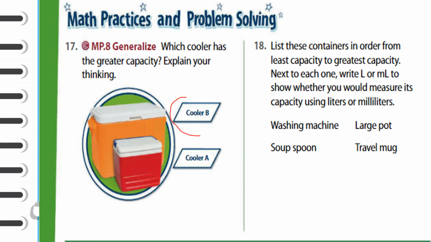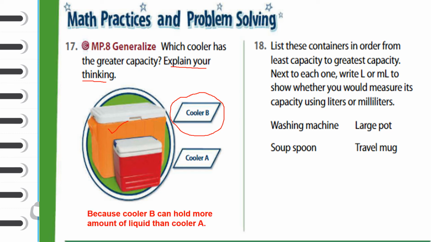Cooler B has greater capacity. Now you have to explain why do you think like this? Why this cooler has greater capacity? Excellent, because cooler B can hold more amount of liquid than cooler A.